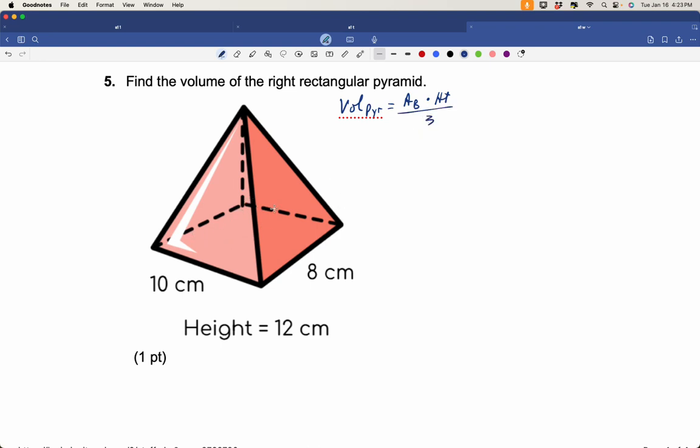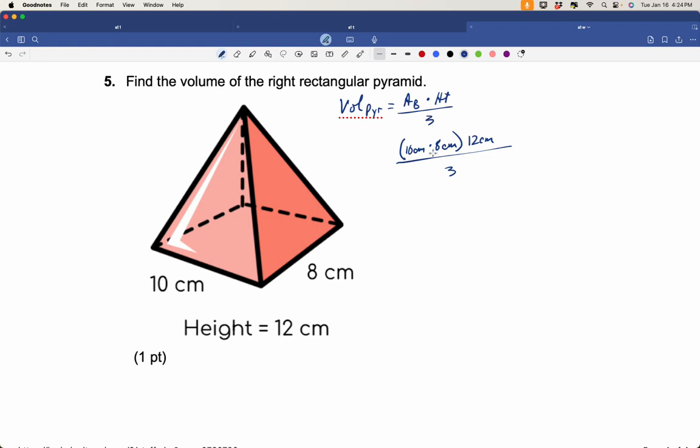And here we have a rectangular base, hence right rectangular pyramid, of 10 by 8. So the area of the base is going to be 10 centimeters times 8 centimeters. And the height is 12 centimeters. All of that divided by 3 is going to give us the volume of the pyramid.